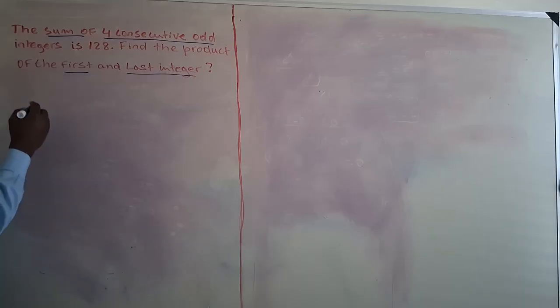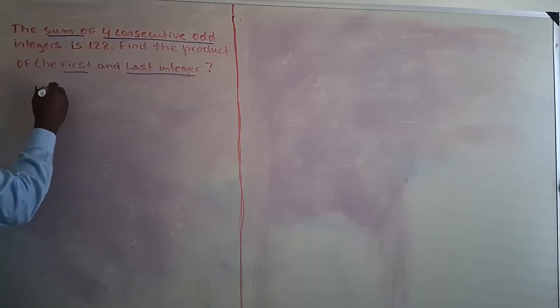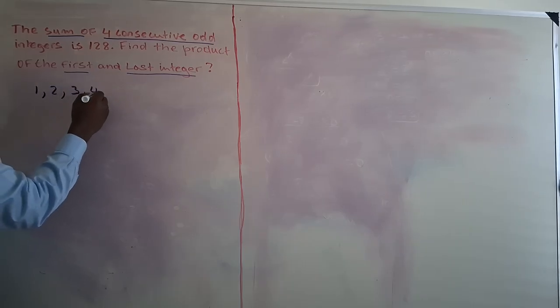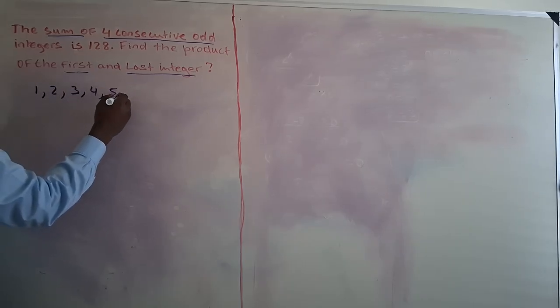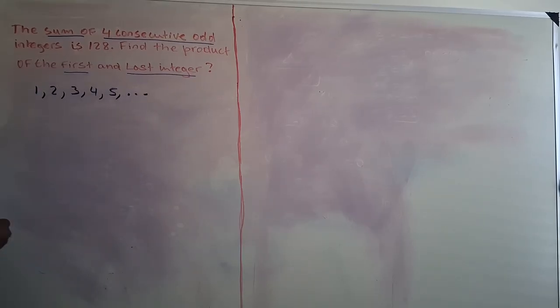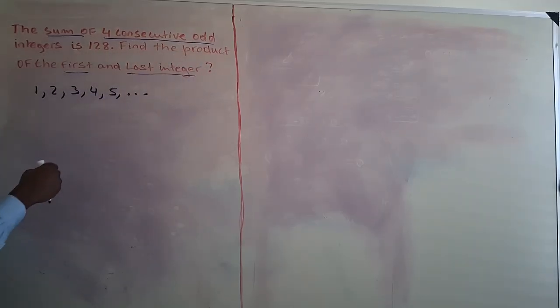So let's say we may have consecutive numbers as 1, 2, 3, 4, 5, and so on, right? And the previous number is one less than the next number. So in our case, they said four consecutive odd integers. So let's find odd integers.